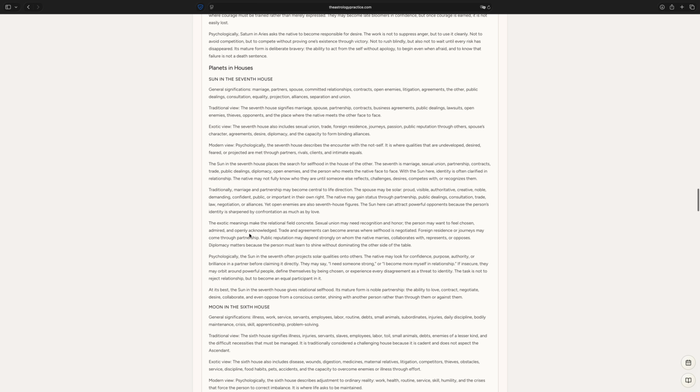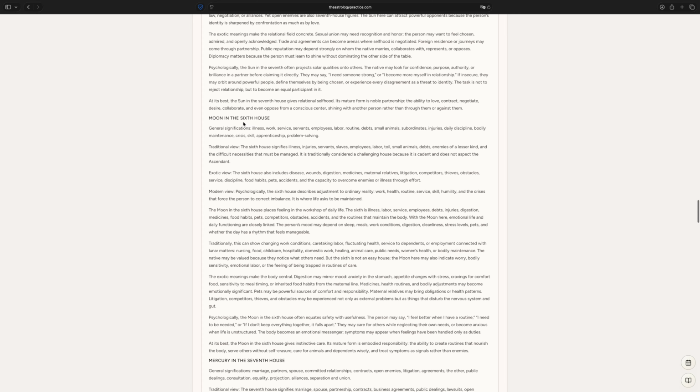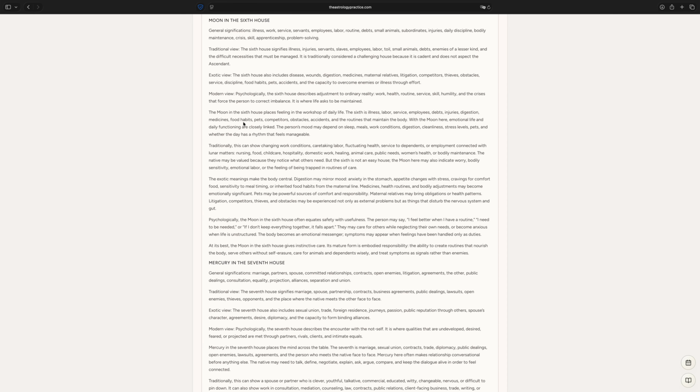You also can have a look at planets in the houses. As I said earlier, the Sun is in the 7th house, the Moon is in the 6th house. You get to know what that means, the less fortunate 6th house, which we know is about accidents and work and difficult conditions, about being a subordinate, being a worker. A lot of people don't like the 6th house.